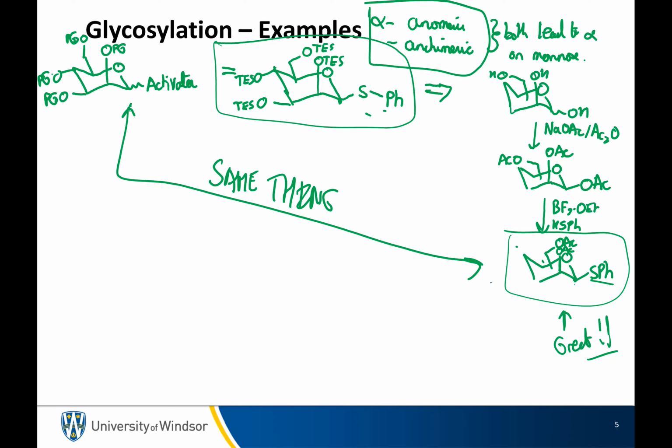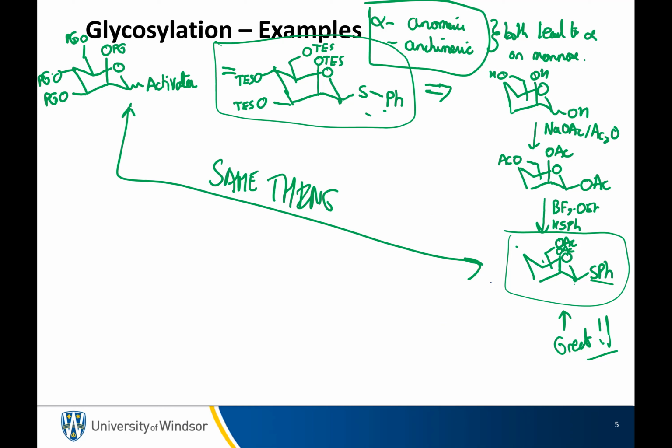So the next thing we had to do is figure out, okay, what do I want my activator to be? We went with thiophenol. I think an anomeric bromide would have been easier, but there's nothing wrong with thiophenol. So we peracetylate everything, get the beta acetate.